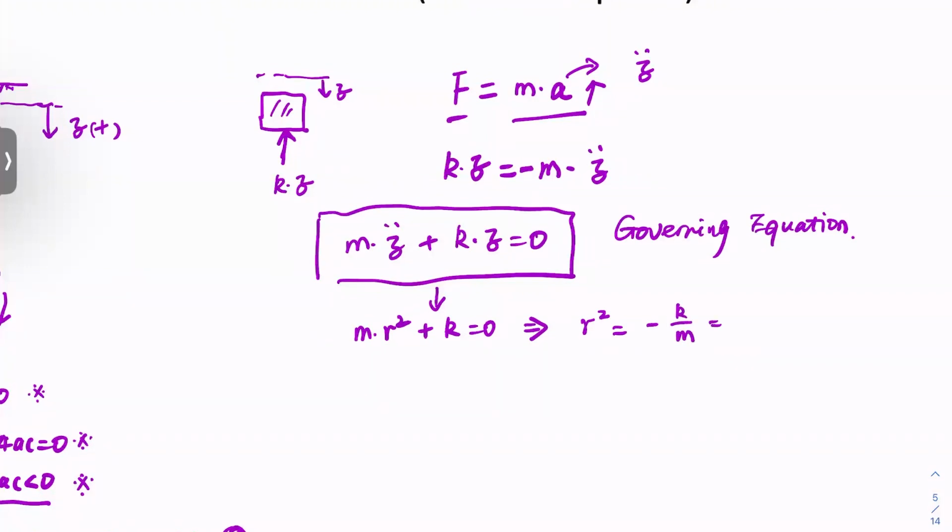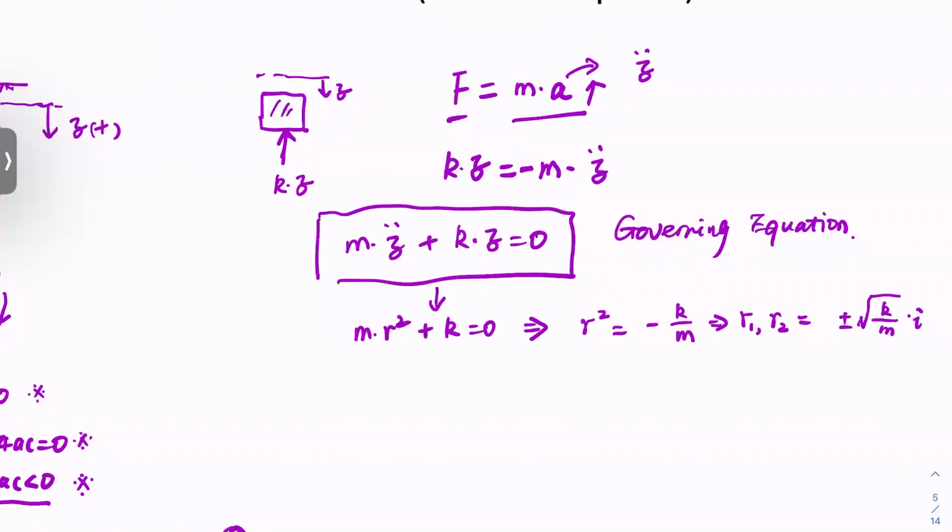And then our roots, r1 and r2, are plus or minus the square root of k over m times i. Because we know that k and m are positive real numbers, our roots are two complex numbers.